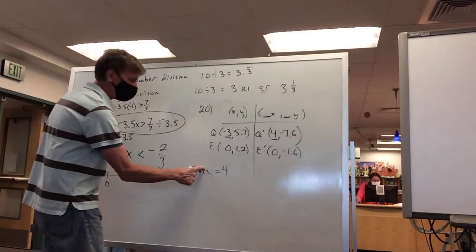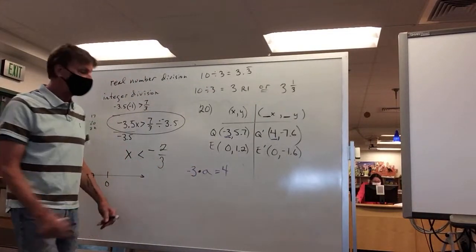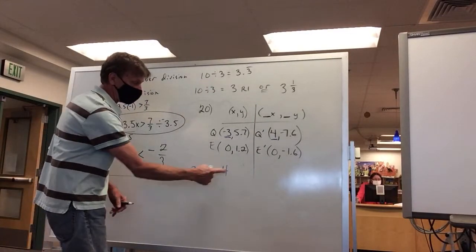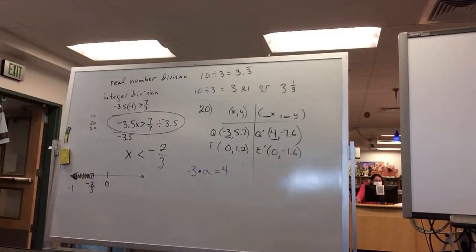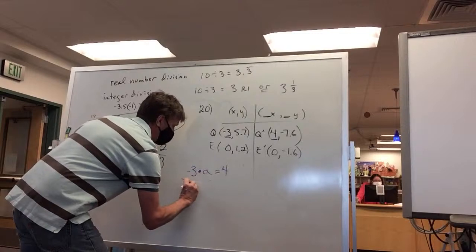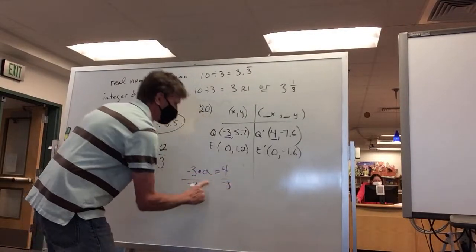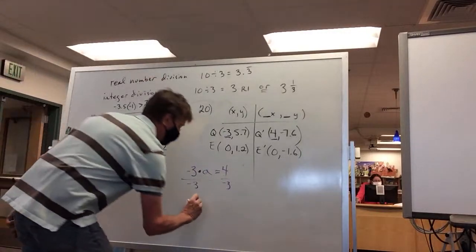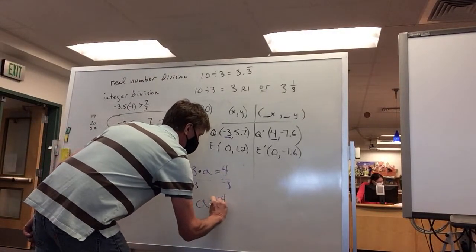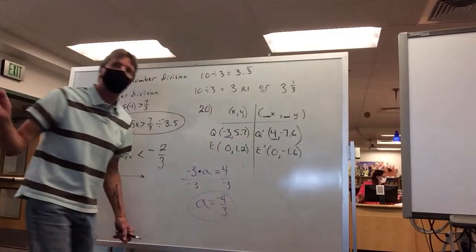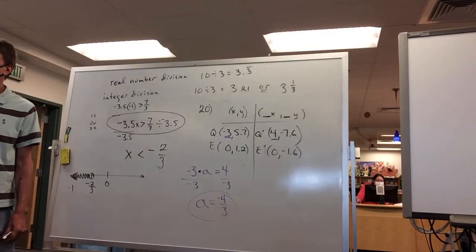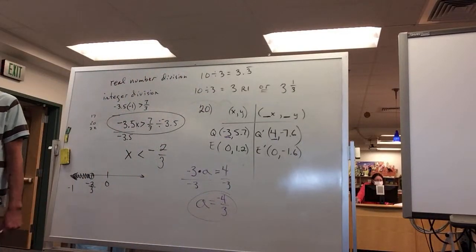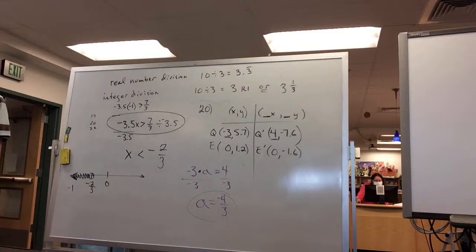It's got to be a negative number. How do you find the solution to this? Yeah, divide by -3. So A is going to be, and you would write that -4/3. So A is a -4/3, which is the same as a -1.3 repeating, but you don't want to do that because you can't put that into the calculator.